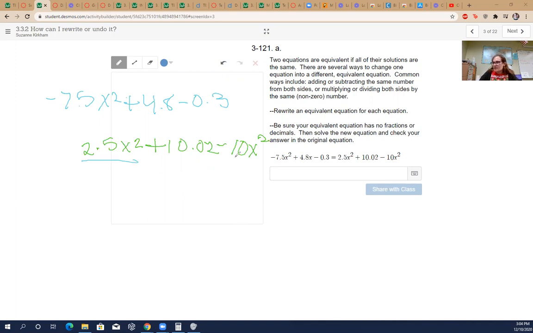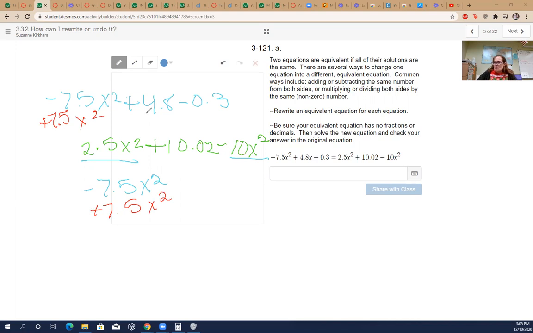So we've got 2.5x squared and negative 10x squared. When we subtract 10 from 2.5, we get negative 7.5. So it'll be negative 7.5x squared. Since we have 7.5x squared on both sides, we can add 7.5x squared to both sides, and that will cancel them out.